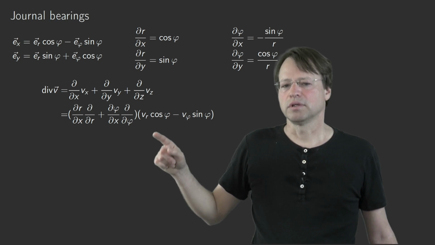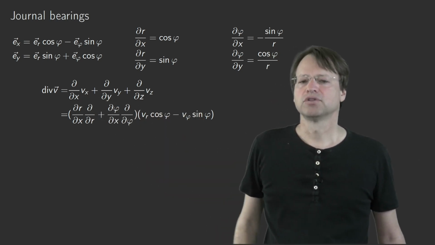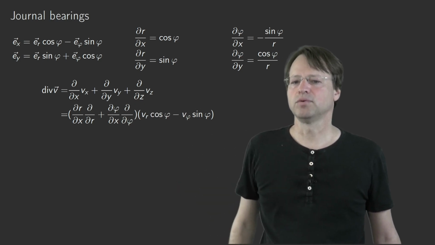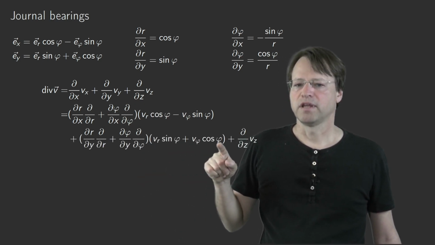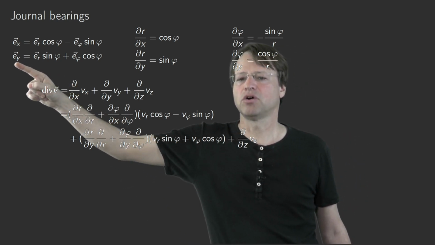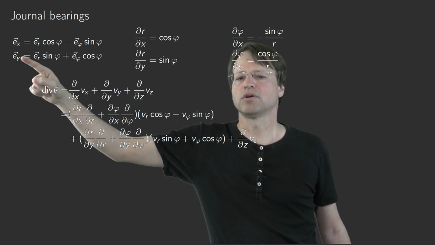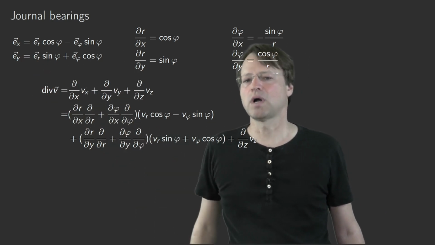Let's move now. This is not yet the divergence, it's just the first term. So let's move now to the second term. We do the same. If you look at this term here, it's obtained from the multiplication of the velocity vector with e sub i, namely this yields v sub y.